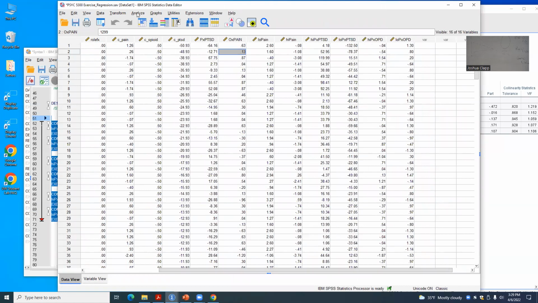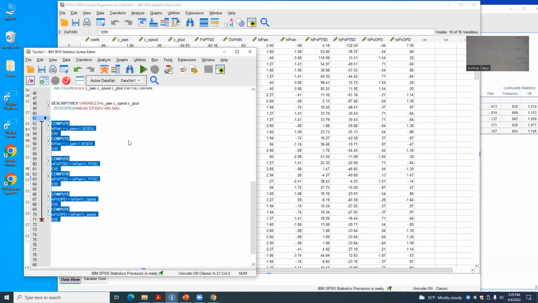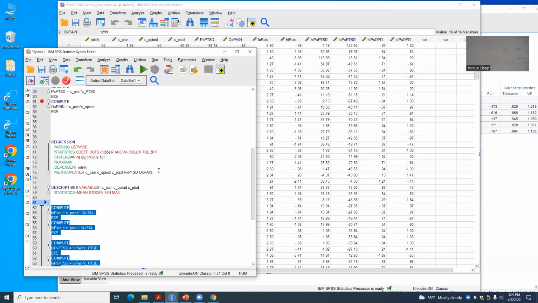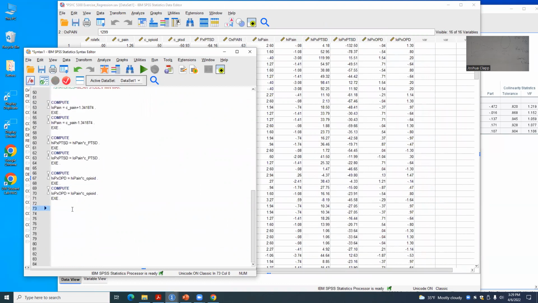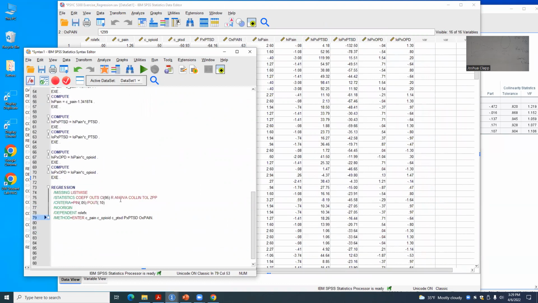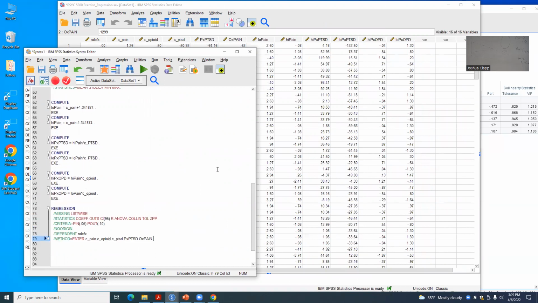And now I'm going to grab my regression, my base model that I just ran. So what do we want to run, low pain or high pain first? Let's run low pain first.